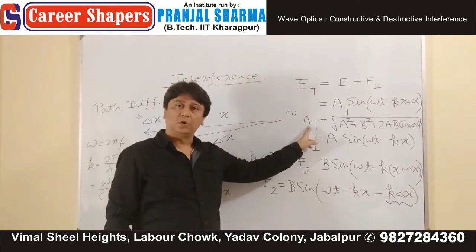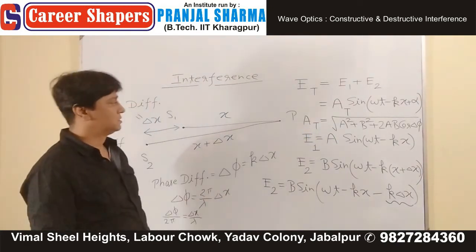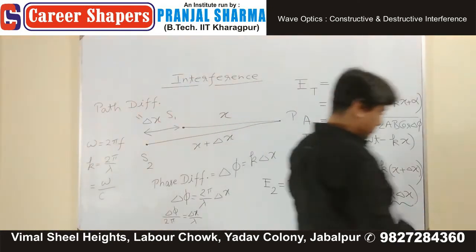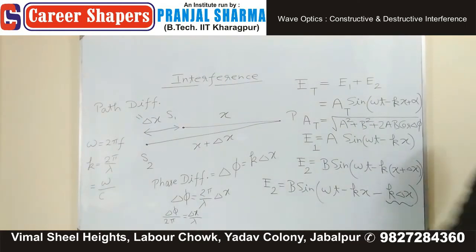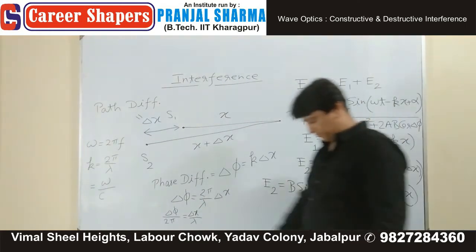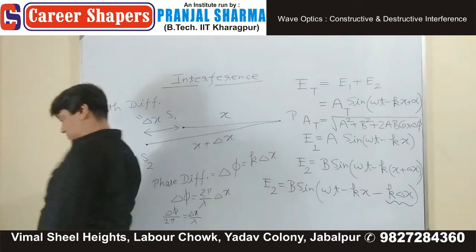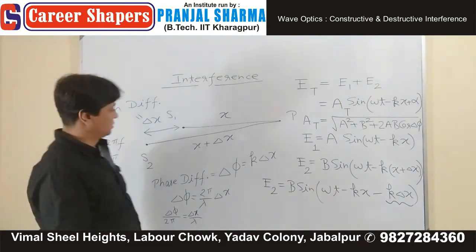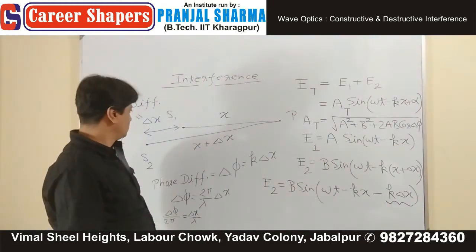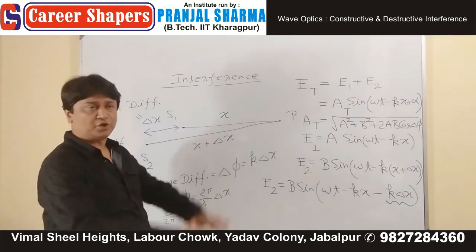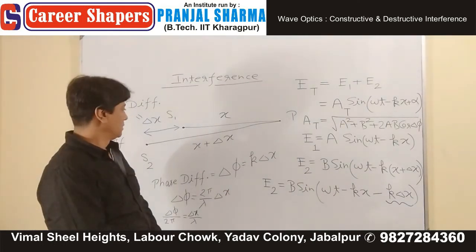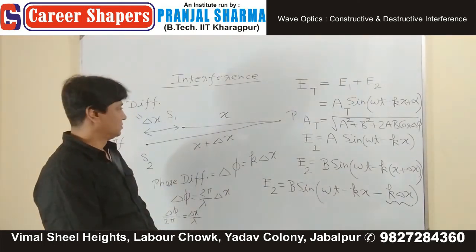And A total is maximum electric field due to superposition of E1 and E2.